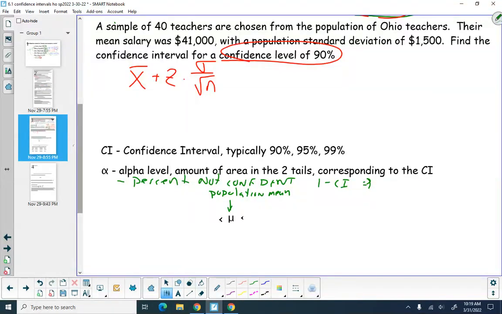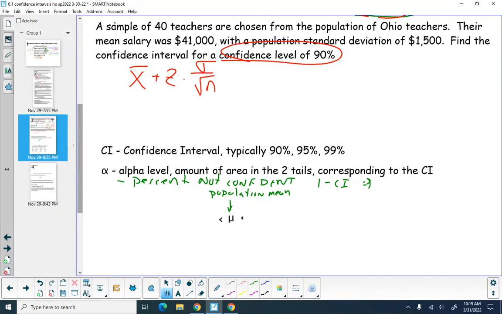This here is your population mean. Ultimately, that's what we're trying to guesstimate, because it's tough for us to find a population mean since there are too many people. So we try to guesstimate it as best as possible.